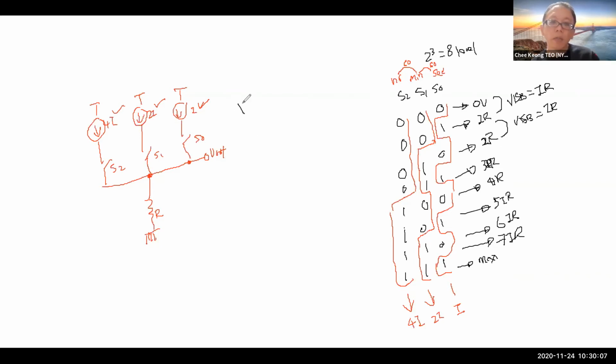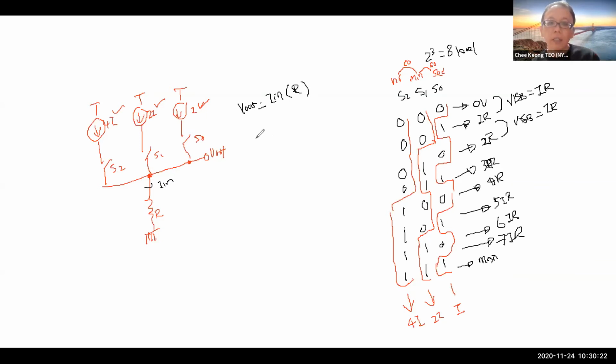V out will be equal to your I in multiplied by your R, right? Simple as that, right? Now, what is I in?